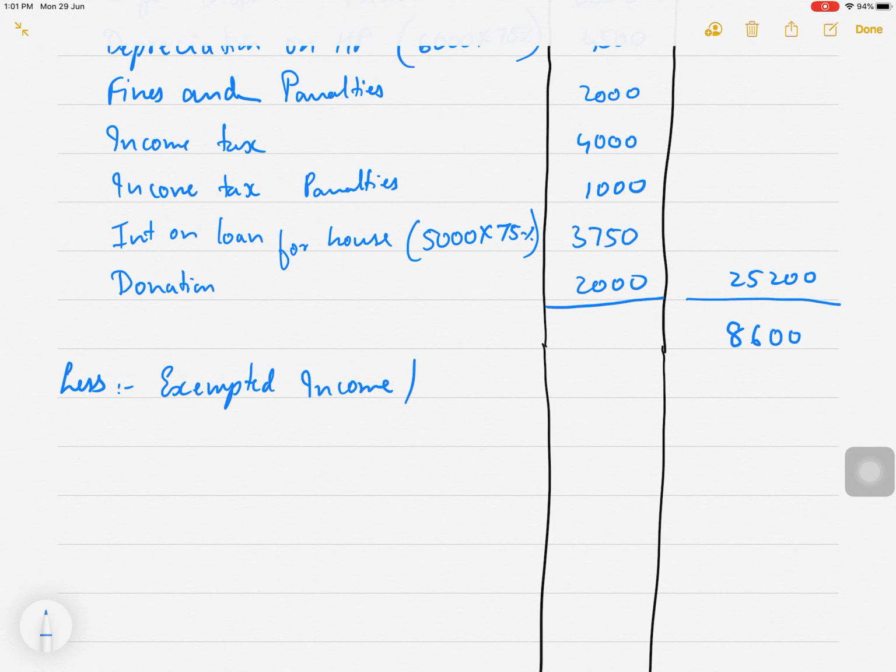Less: exempted income or income to be treated separately or allowed business expenditure.